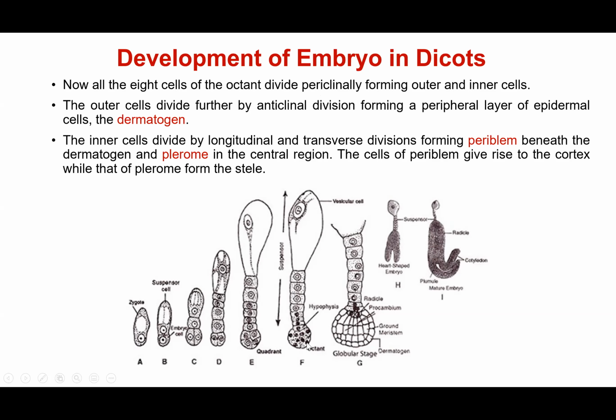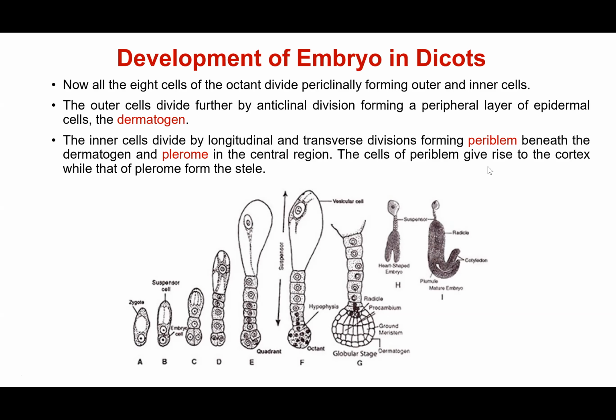Periclinal divisions are happening in all the 8 cells of the octant stage, and they form inner cells and outer cells. The outer cells undergo anticlinal division to form dermatogen. Dermatogen, we all know, gives rise to epidermis, right? The inner cells divide by longitudinal and transverse divisions to form periblem and plerome. Periblem, beneath the dermatogen, just below the epidermal region, forms the cortex. That is how it is, right?